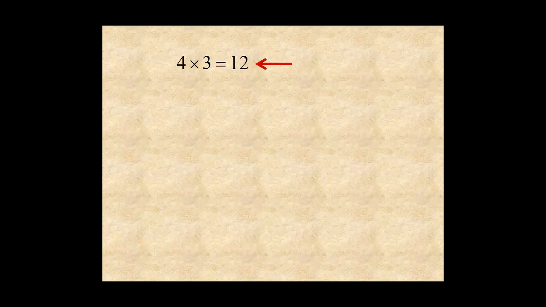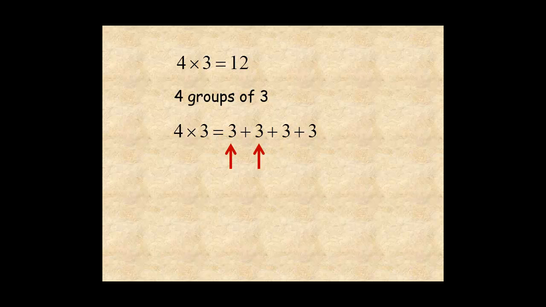4 times 3 means 4 groups of 3, or 3 plus 3 plus 3 plus 3, which add up to 12. 4 groups of 3 is 12. Now let's look at 4 times negative 3.